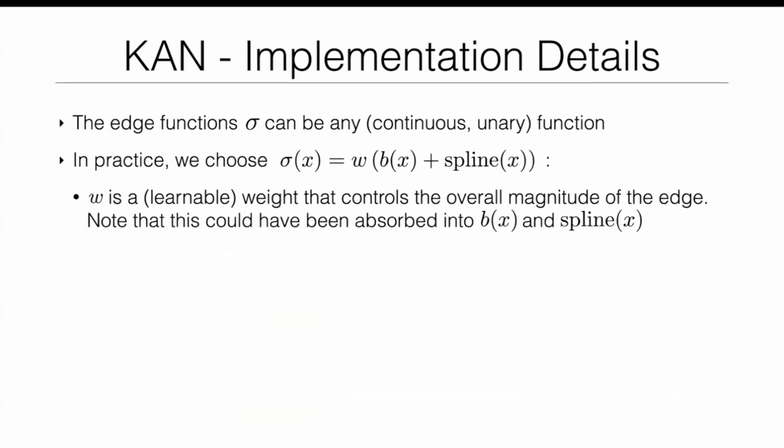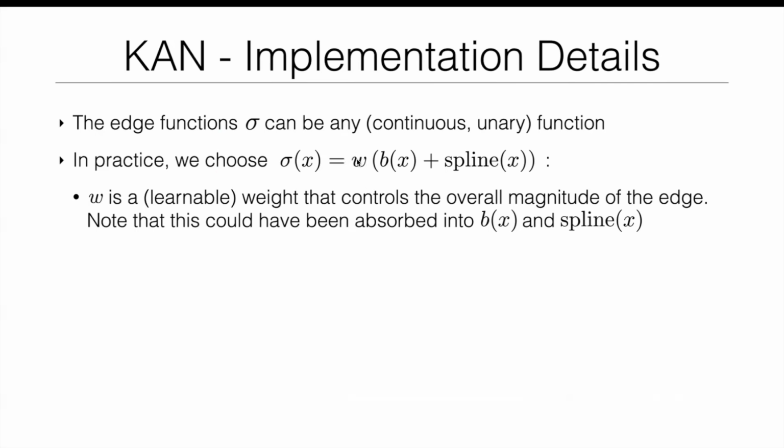In a KAN, as I said, by the Kolmogorov-Arnold representation theorem, if you use a continuous unary function, you can represent any function. What we propose in the paper is to use a function which is composed of 2 components. One is a spline, and one is some so-called bias function that we add to the spline. And we take this sum and multiply it by an overall weight W. This is an overparameterization of the problem.